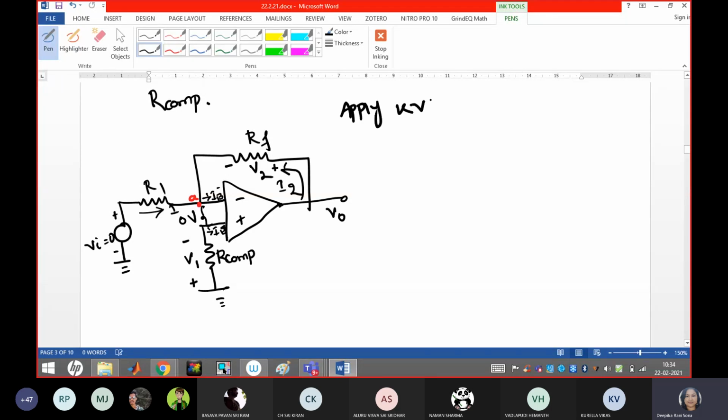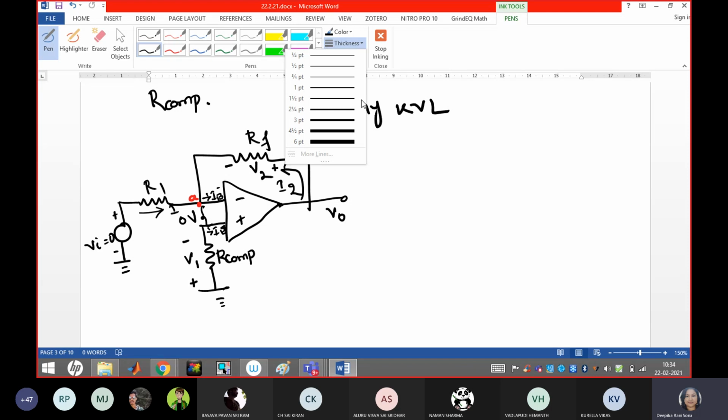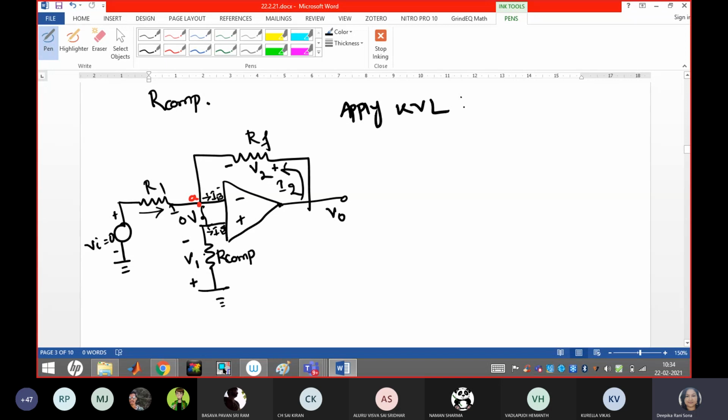Apply KVL. So if I write this one, this is how much, guys? This is V1. Where will this V1 appear? This is plus V1 or minus V1. With respect to ground, this is positive.